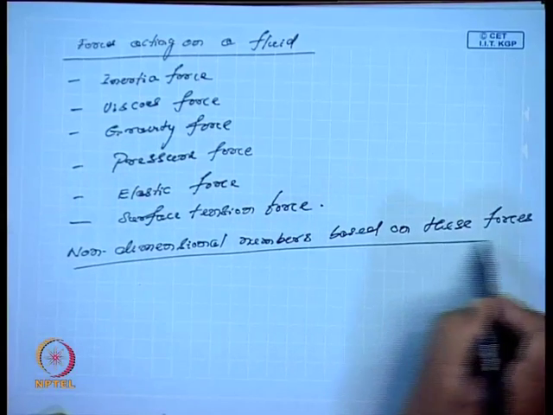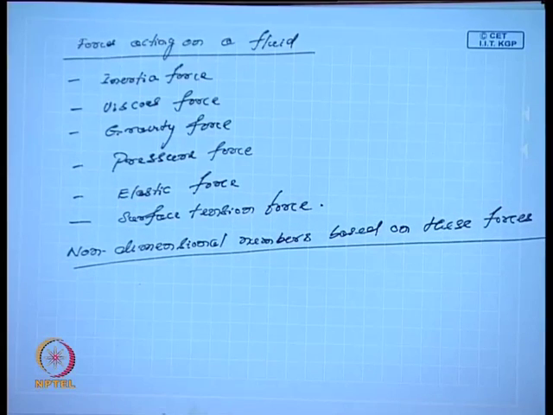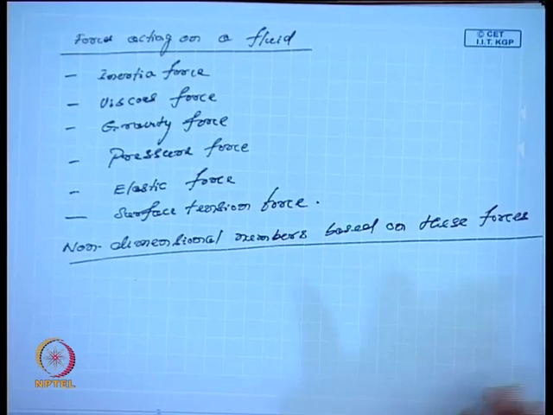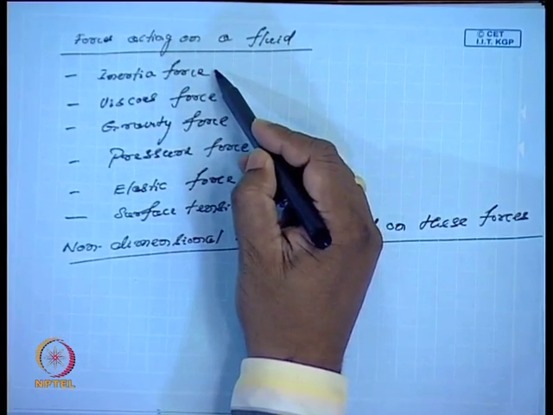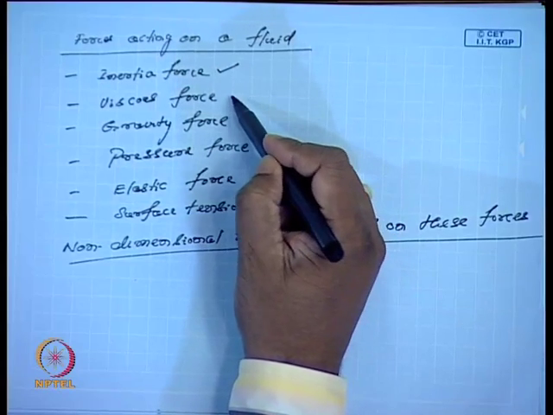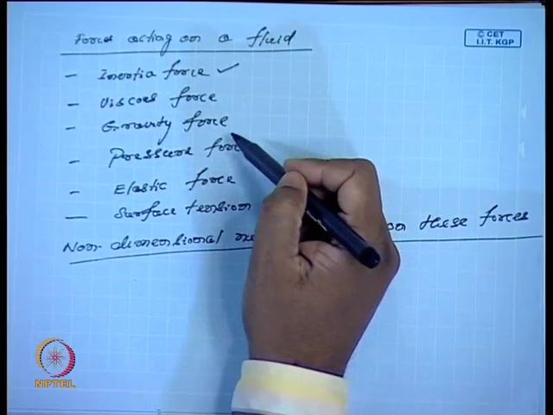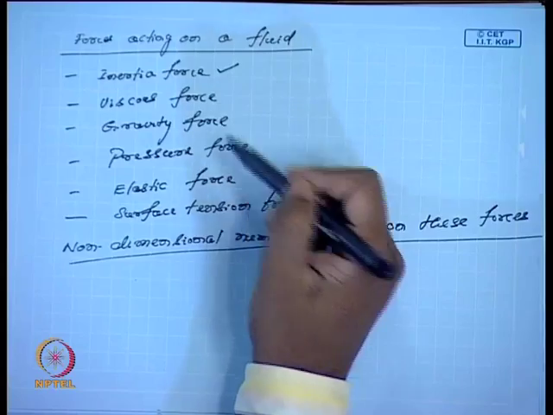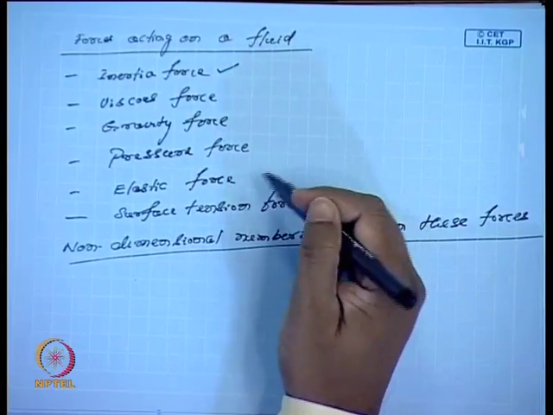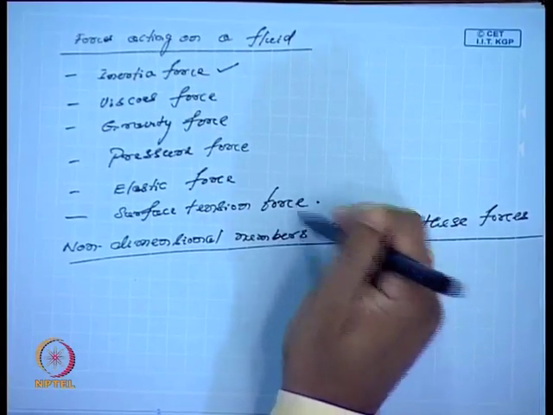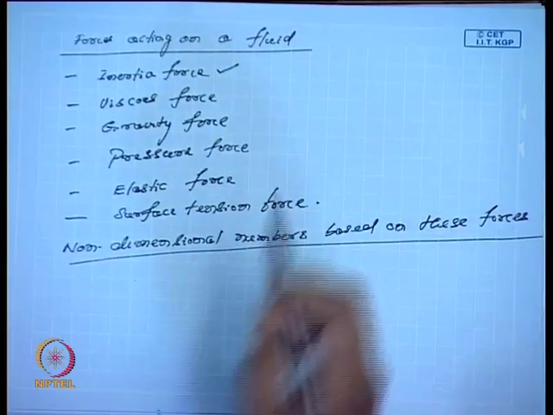Because these non-dimensional numbers signify the role of the fluid character, the role of a particular type of motion and a particular type of fluids. And we have seen that in case of Euler equation, viscous force was negligible, whereas there was a gravitational force, there was inertia force, there was a pressure force, whereas elastic force was not present, surface tension force was not present, and viscous force was not present.